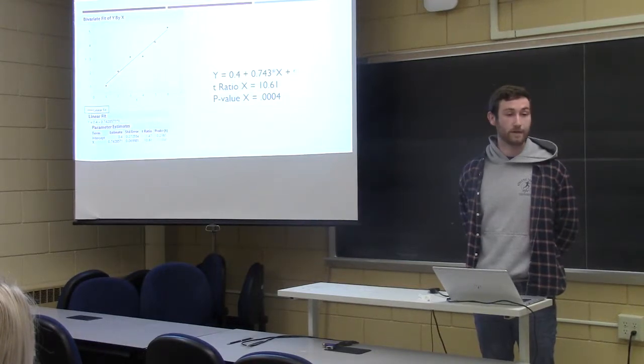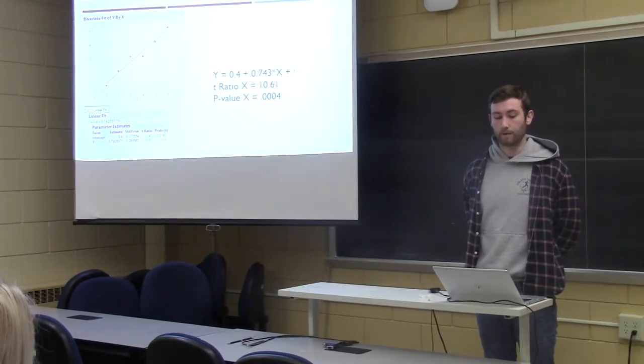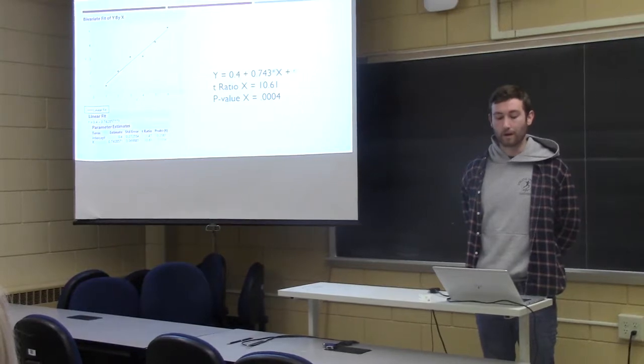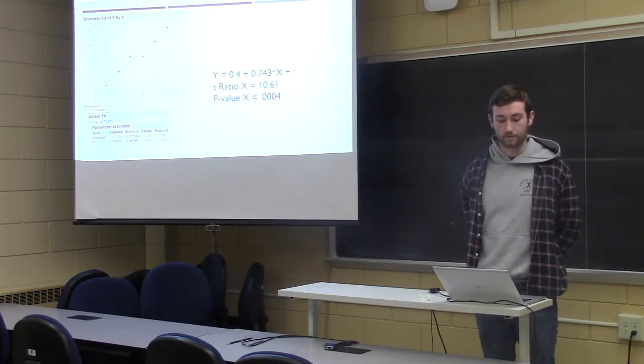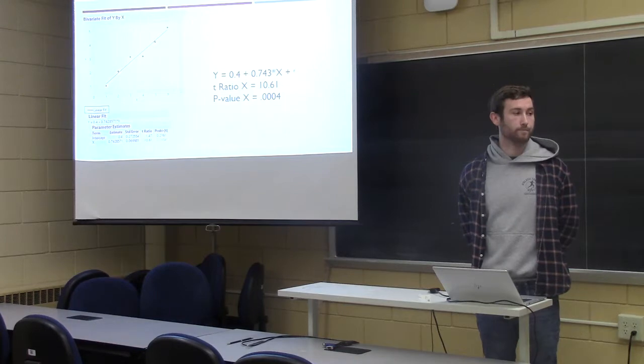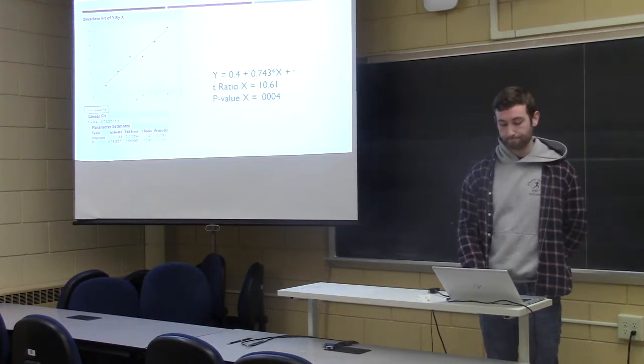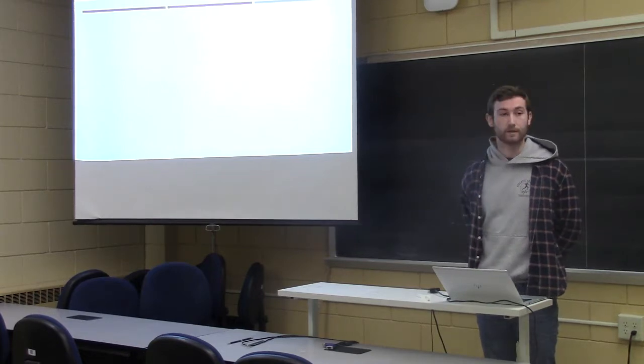Our t ratio for the beta 1 is equal to 10.61, and then the p-value, the probability that we have a t ratio as extreme as what we saw, is 0.004. That tells us we have significant results, and that x helps predict y, or helps explain y. And that's my presentation.